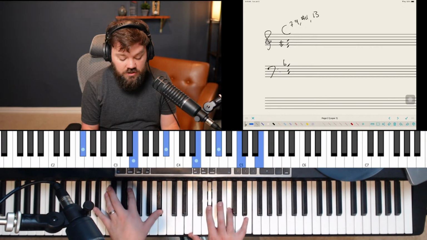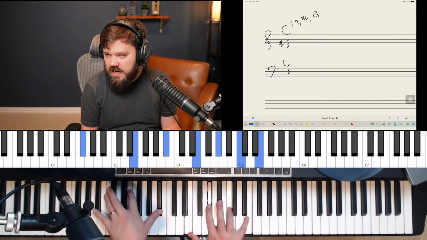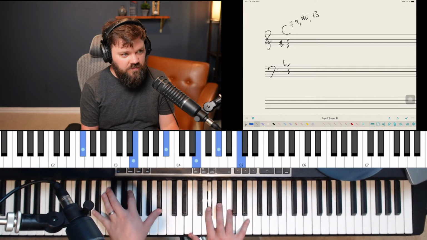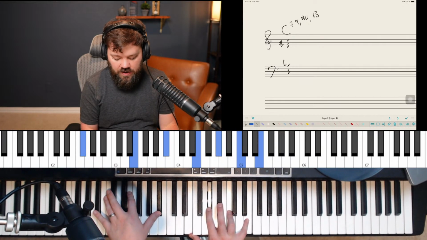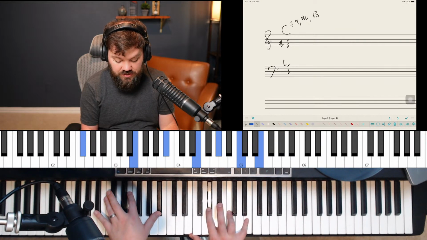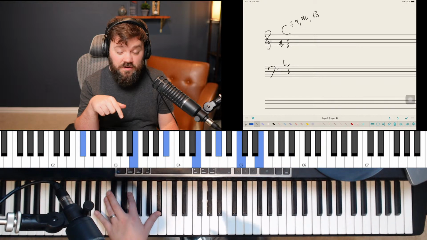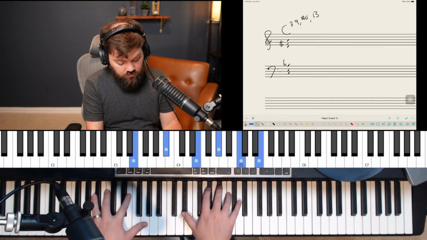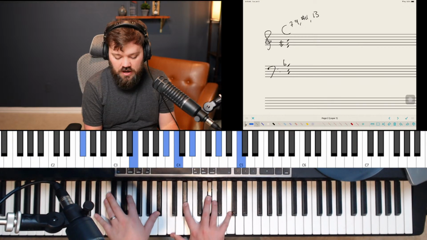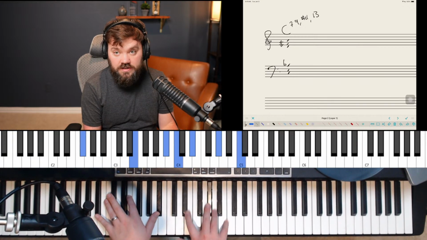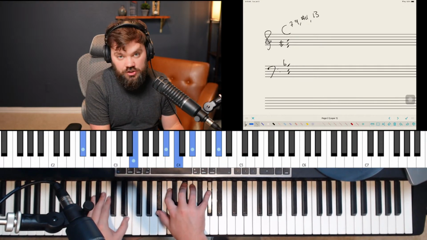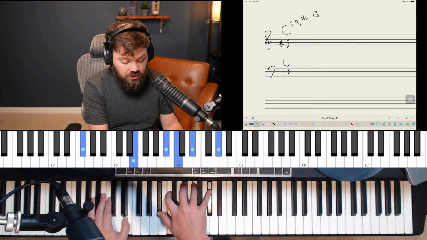Right? So technically, if I'm playing the melody, it doesn't work with this one, because I've got this E on top, which is the 7th instead of the 13th. But if I'm soloing on this, absolutely, I'm definitely going to use that upper structure triad to give me that flavor of the 13th. So this is on a flat 2 dominant chord, right?